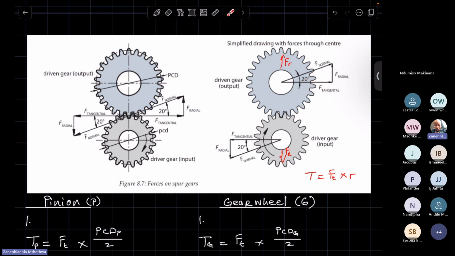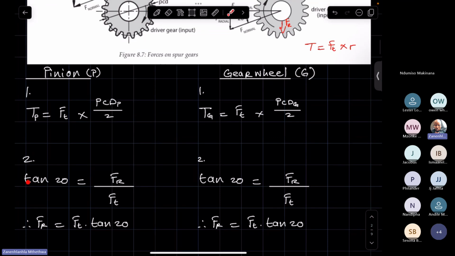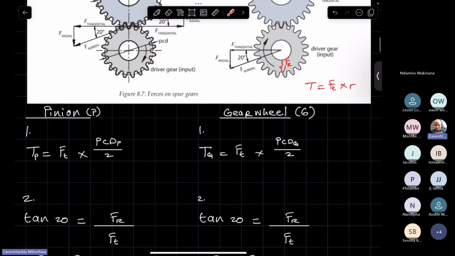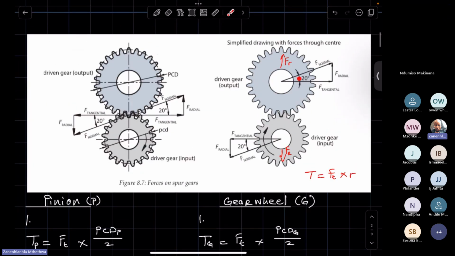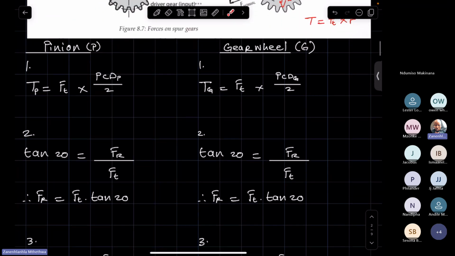So the trig ratio which is convenient to use here would be tan. Remember, tan of the angle we've been given, so tan 20 degrees, will be equal to the side opposite the angle, which is the radial force, divided by the side adjacent to the angle, which is the tangential force. Which is where this comes from.